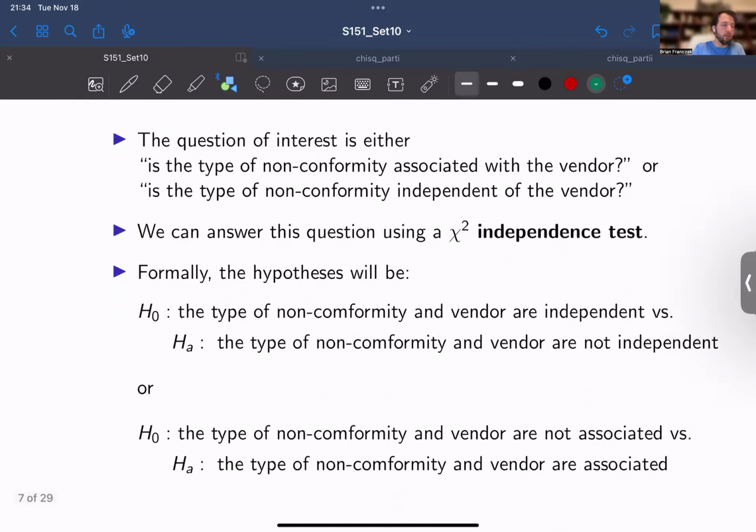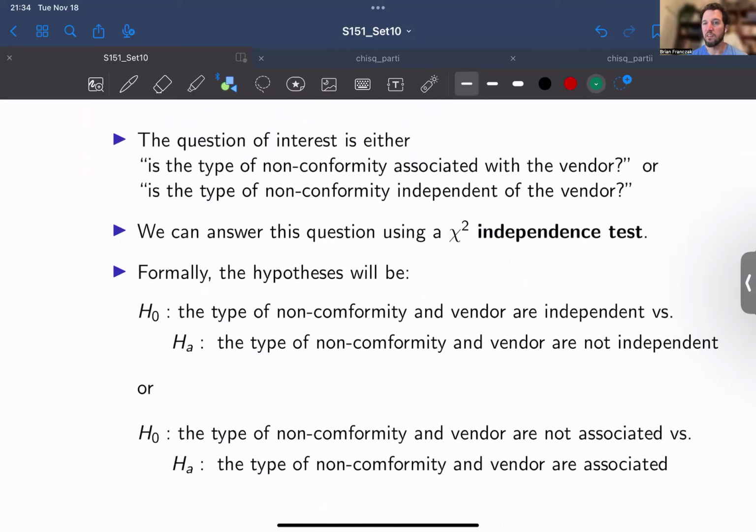Okay. Now the independence test is basically asking, are the variables associated with each other? So we are testing the null hypothesis that the variables are independent, or not associated, versus the alternative that they are not independent, or are associated. So you can see that there are different ways that we can write these hypotheses.